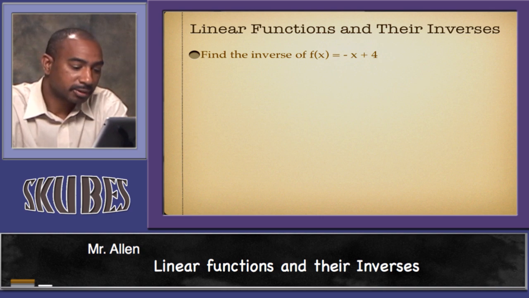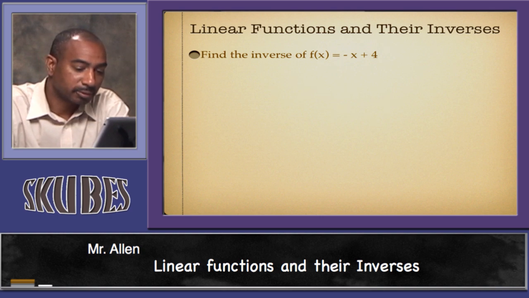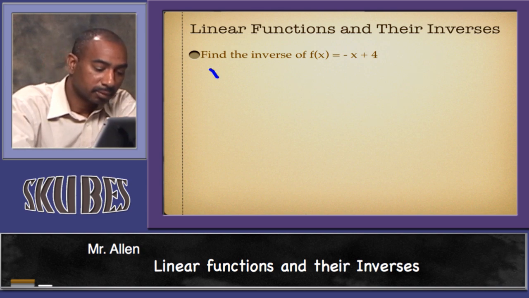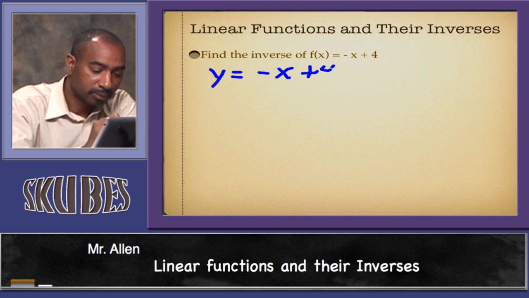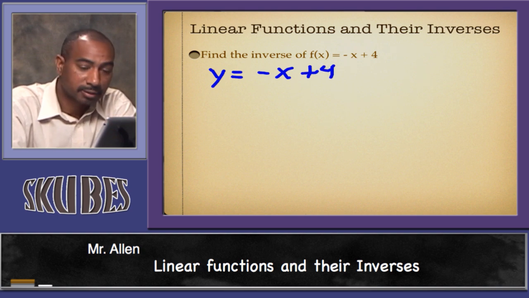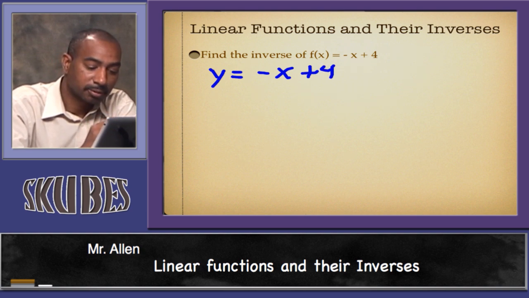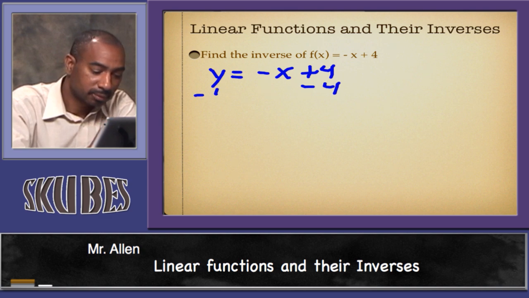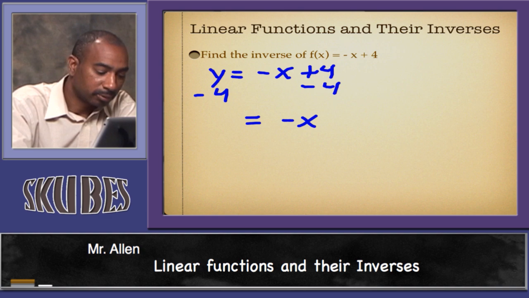Find the inverse of f of x equals negative x plus 4. All right, y equals negative x plus 4. We're going to solve for x in terms of y. So subtract 4 from both sides. So you get negative x equals y minus 4.